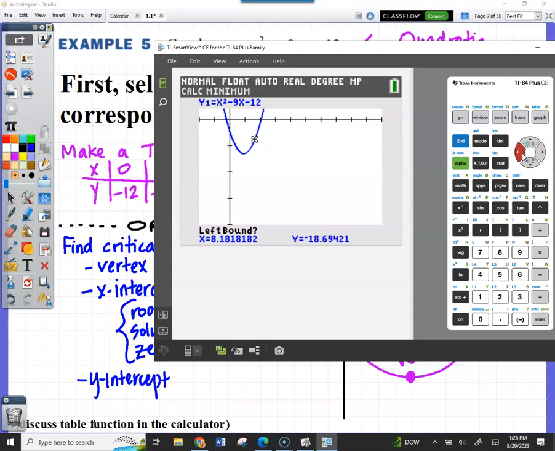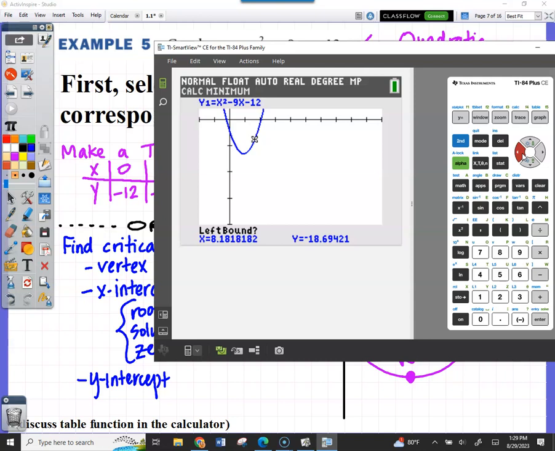Okay, what's the point of the cursor? The calculator is going to ask you 3 questions. It's going to say, give me a left bound, give me a right bound, then give me a guess. I feel like a flight attendant. Give me a left bound, a right bound, a guess. Meaning, I need you to take this big old picture and narrow it down to this little viewing window so that I can tell you the vertex.